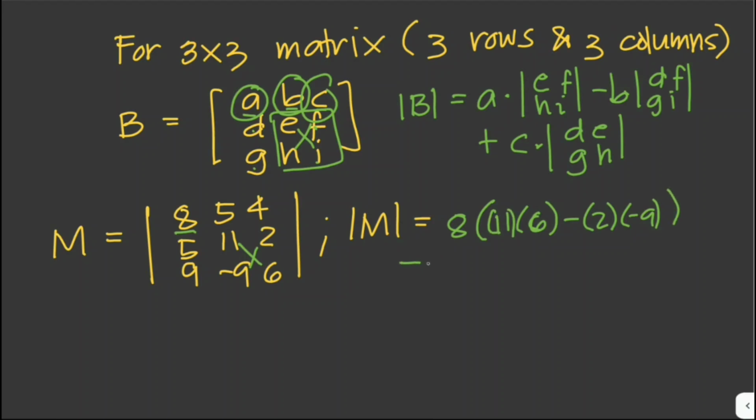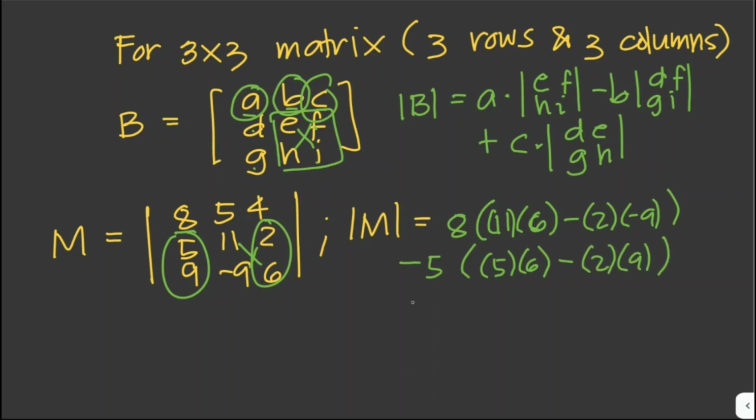Then minus 5 times this one and this one: 5 times 6 minus 2 times 9. Then plus 4 times this one and this one: 5 times -9 minus 11 times 9. Then we simplify this one.